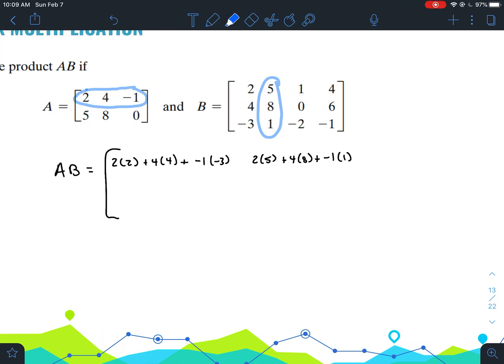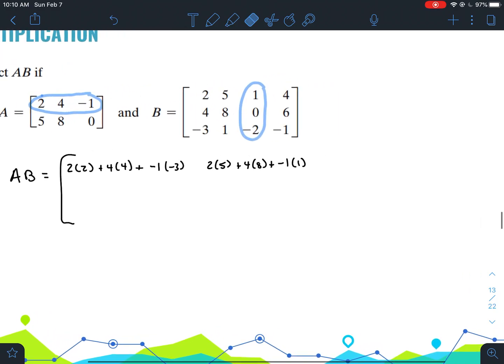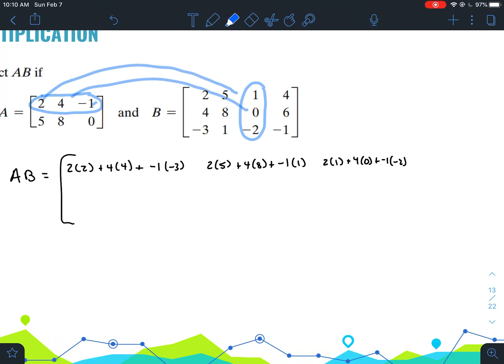And then you're going to do the same thing with the third column of matrix B. So we're going to take 2 times 1 plus 4 times 0 plus -1 times -2.